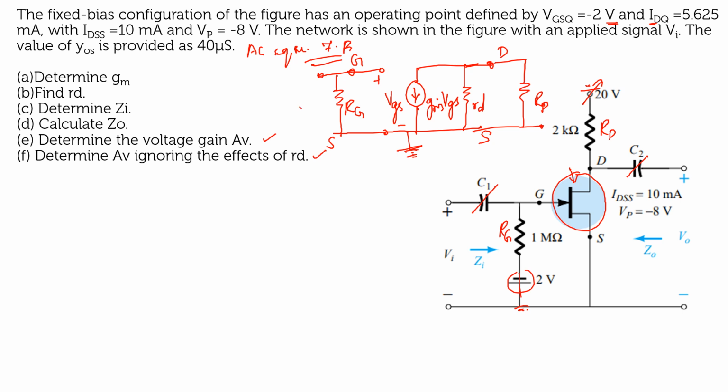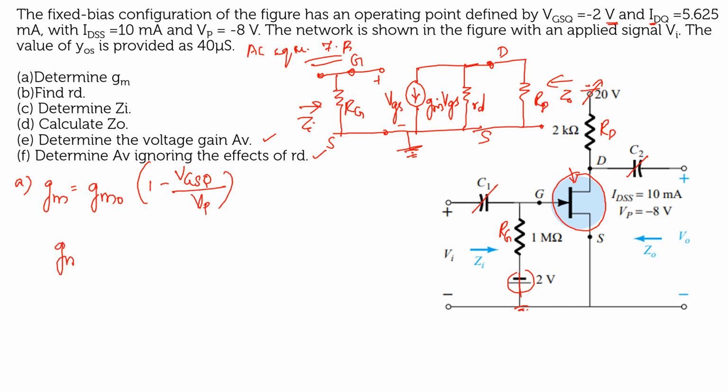So from the AC equivalent model, you are going to find out the value for Zo, then Zi, gm, all those things, right? So let me write directly, let me go to the first one, find out gm. So what is meant by gm? gm is nothing but the transconductance. So what is your gm value? gm value is given by gm0 into (1 - VGSQ/VP), where VP is the pinch-off voltage.